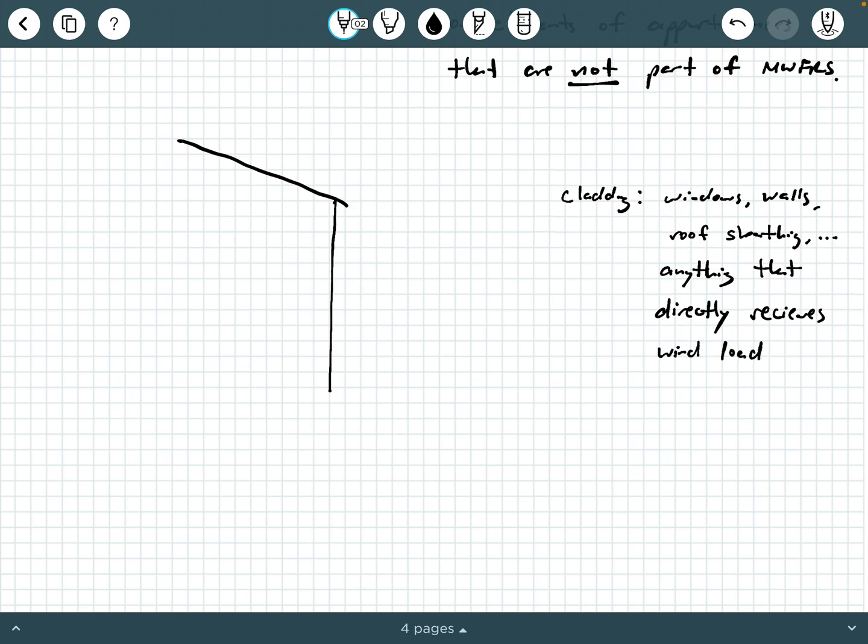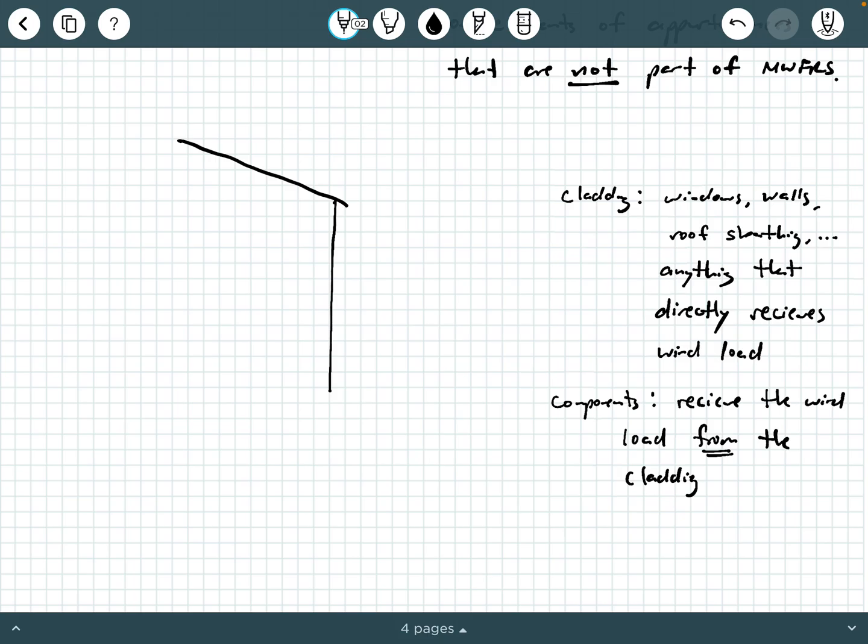I think we said that earlier at the beginning of this video. Now, that's cladding. What about components? Components basically receive the wind load from the cladding.